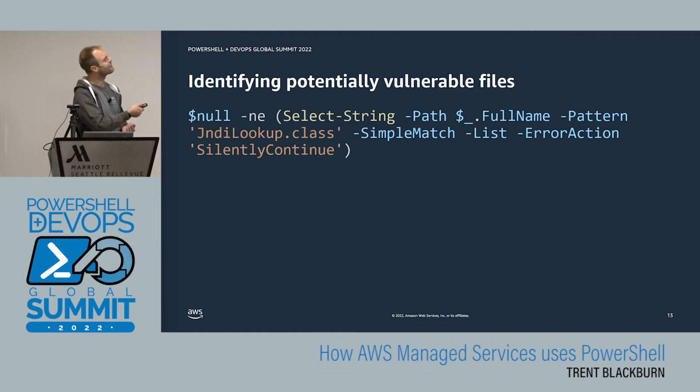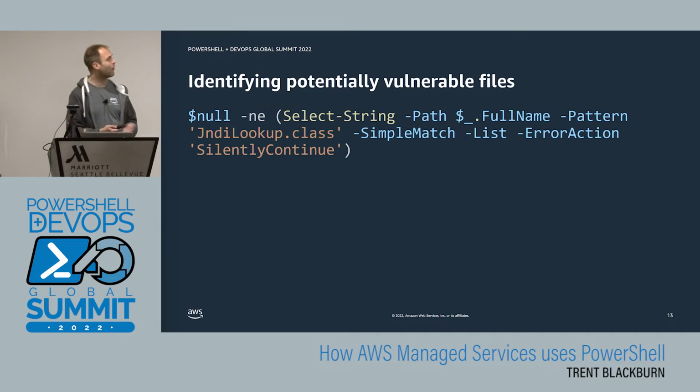But I think I did forget a little tweak here. There should be an asterisk before and after JndiLookup.class if you actually do want to use this in the wild. We've also used List, which will speed things up a little bit as well. And then again, the error action SilentlyContinue in the event that there's any file that's inaccessible or anything like that.